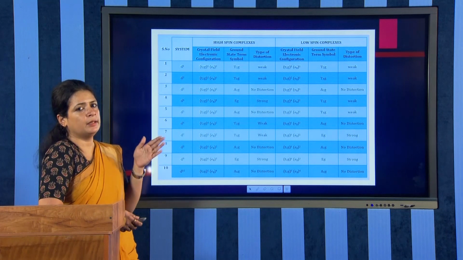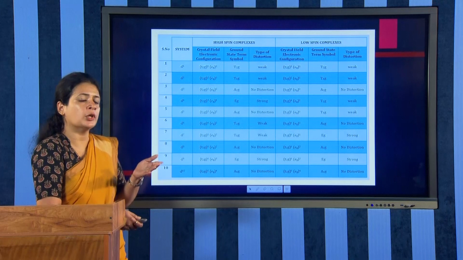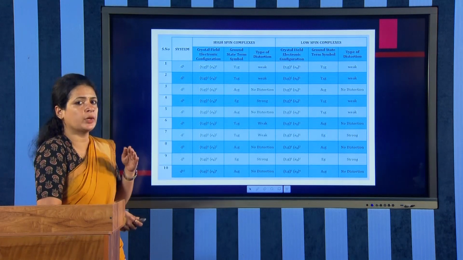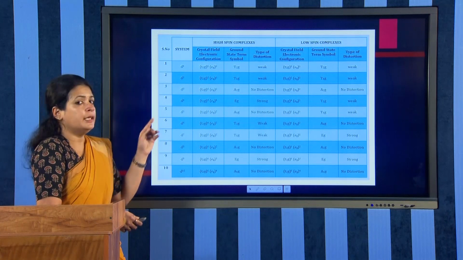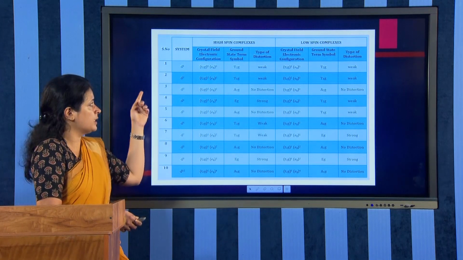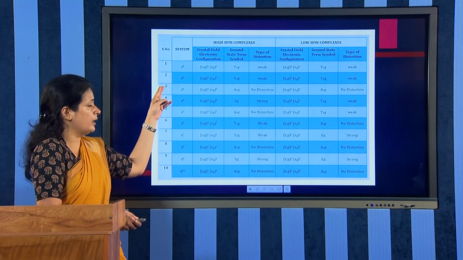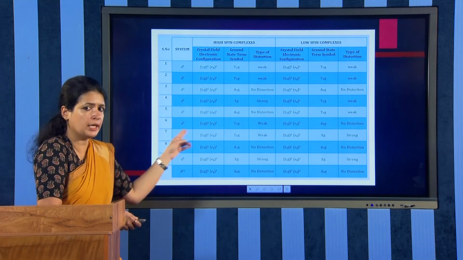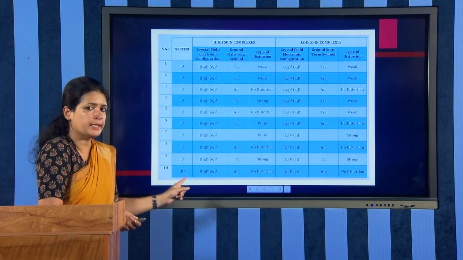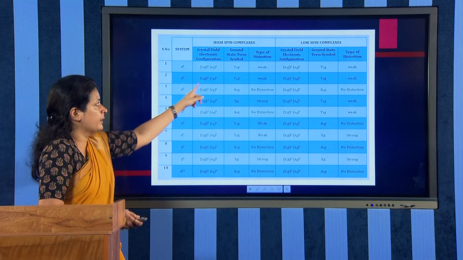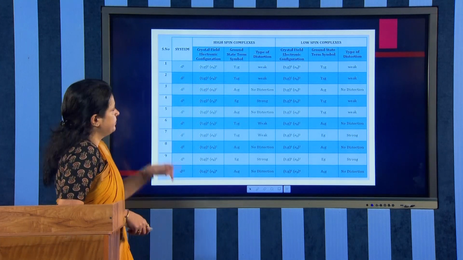According to the Jahn-Teller theorem, any nonlinear molecule in a degenerate electronic state will have some kind of distortion. Degenerate means that in the t2g orbitals you have three degenerate orbitals, and the single electron may occupy dxz, dyz or dxy. That is why a weak distortion is there in the d1 complex.